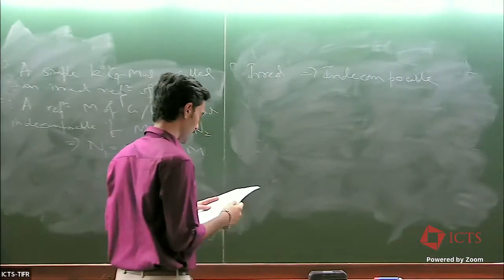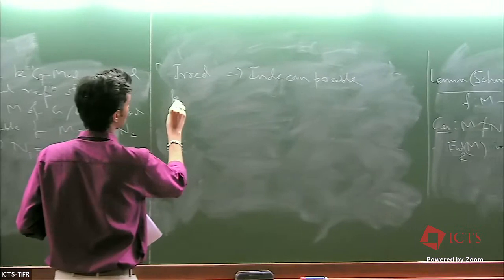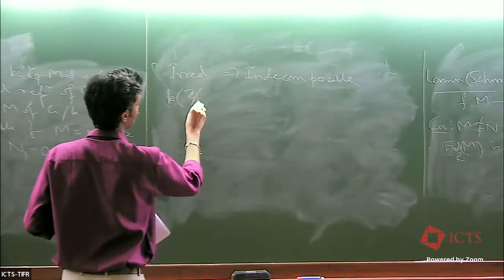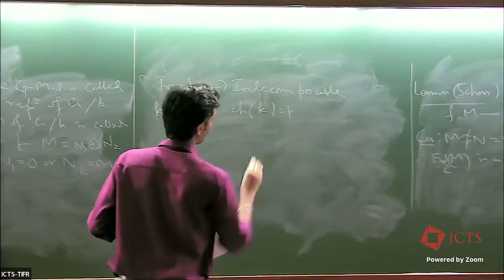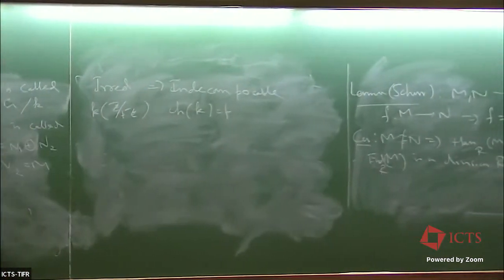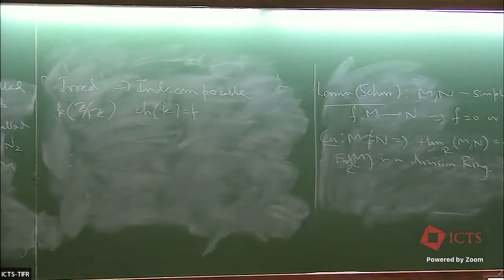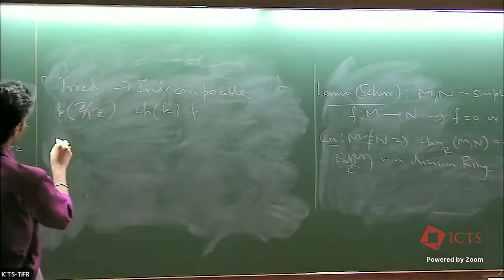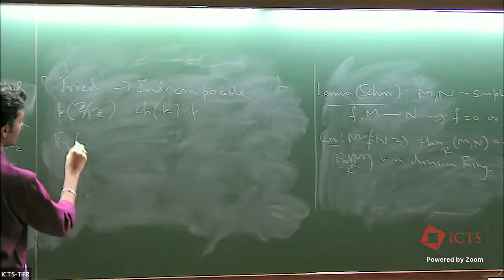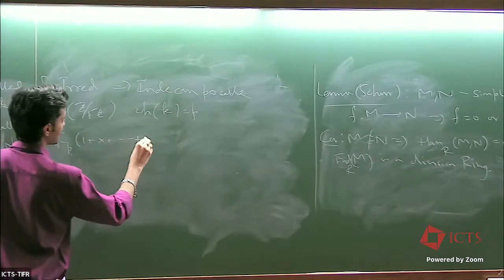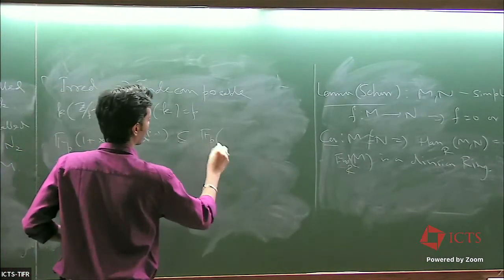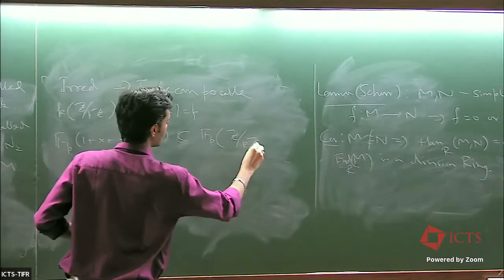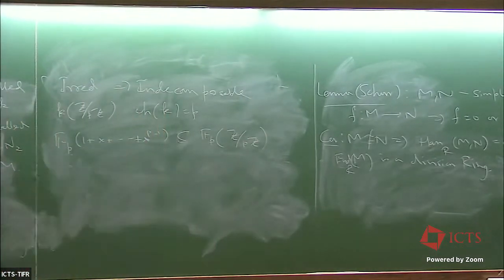For example, suppose you are taking K[Z mod pZ], where K has characteristic p. Then this one contains the trivial representation. For example, if you take K to be F_p, then the trivial representation spanned by 1 plus x plus etc. plus x to the power p minus 1 is sitting inside F_p[Z mod pZ]. Therefore, it cannot be irreducible.